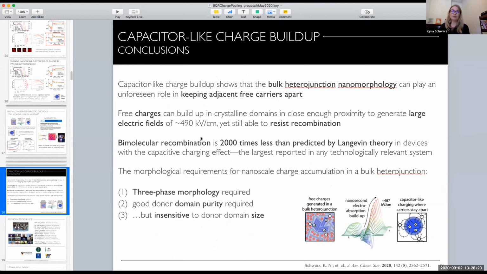And we see that the bimolecular recombination is significantly decreased. We think that it's really to do with what's happening right at the interface here. We think this third phase is really important, and pure domains are important, but it really doesn't matter how big they are. So this is maybe guiding us towards understanding a little bit more about the real origin of this effect.